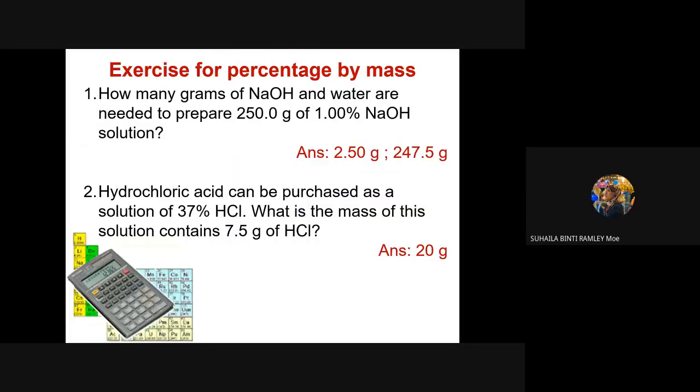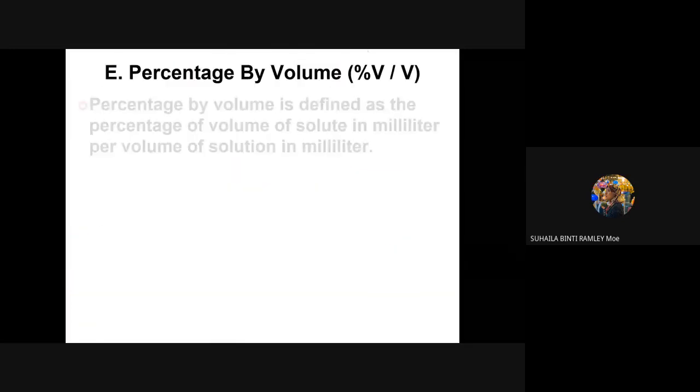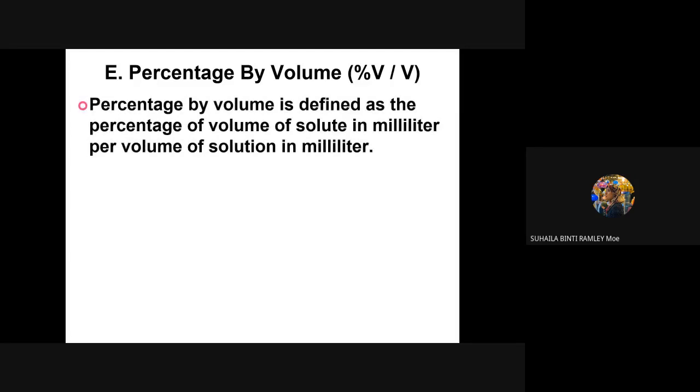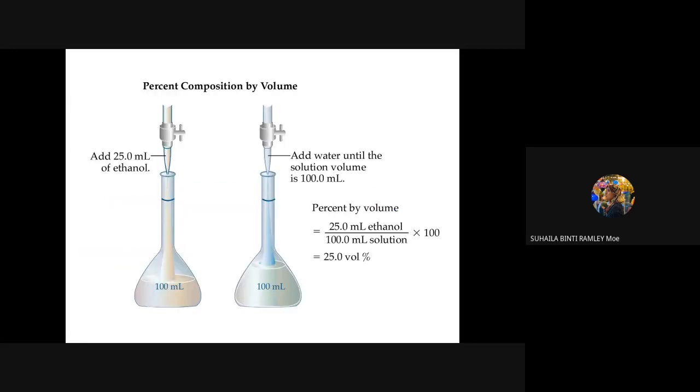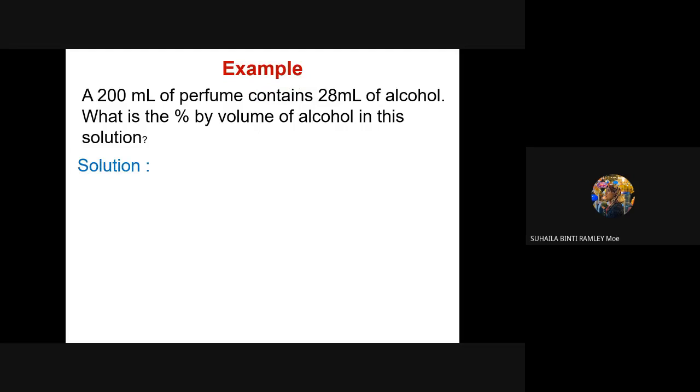Okay, last one, percentage by volume. Same as percentage by mass, but this one is in volume: solute over solution times 100. What is the percentage? Percent V over V equals volume of solute over volume of solution times 100.